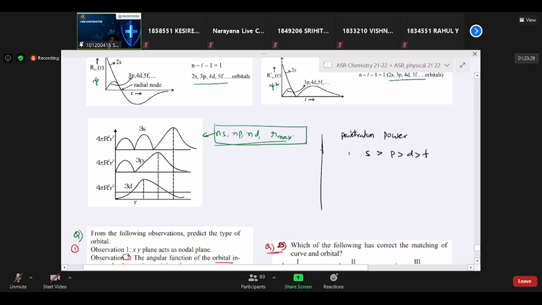So S electrons, being spherically symmetrical, always try to stay close to the nucleus. Then p orbital electrons, then d orbital electrons, then f orbital electrons. Penetration power is more for S, then p, then d, then f. Relative closeness: electrons trying to stay close to the nucleus.